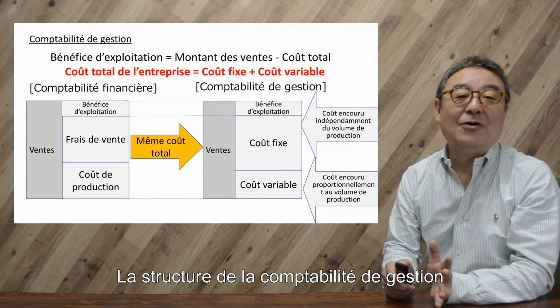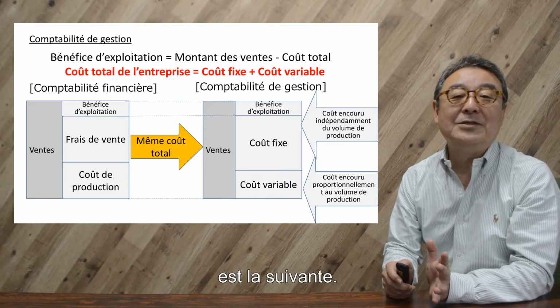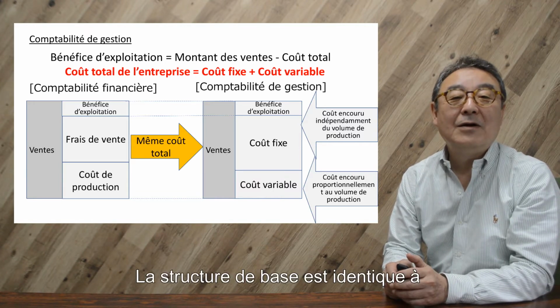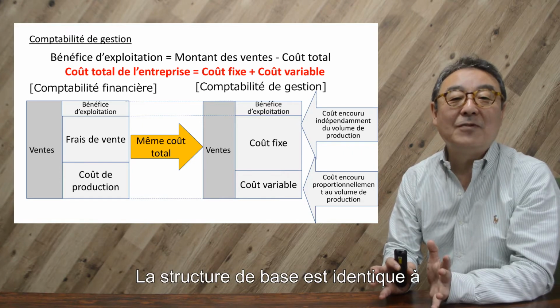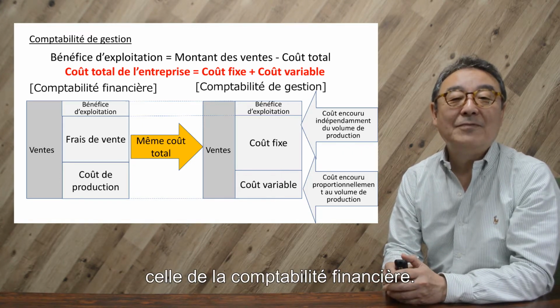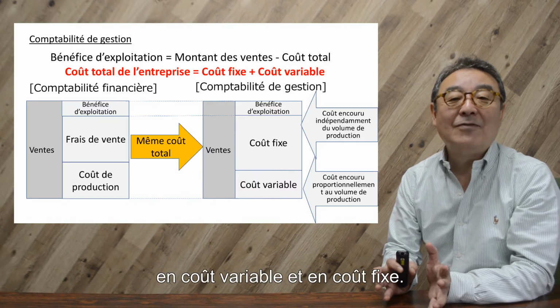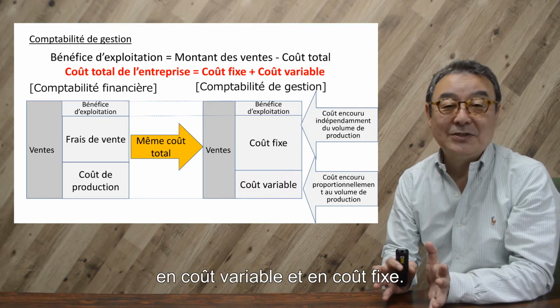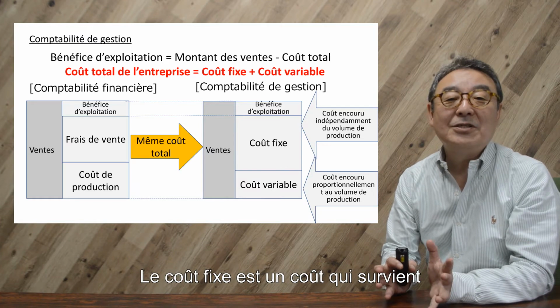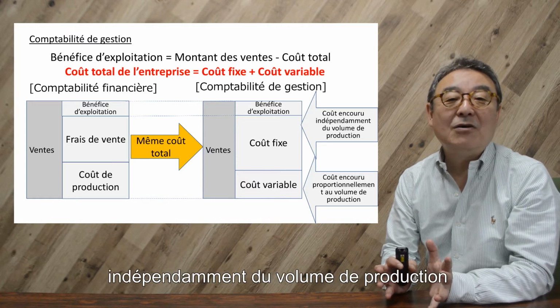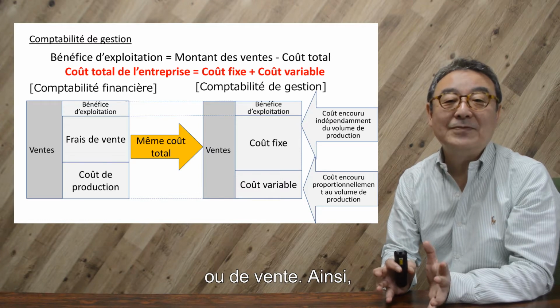The structure of management accounting is like this. The basic structure is the same as financing accounting, but the total cost is divided into variable cost and fixed cost. Fixed cost is a cost which occurs regardless of production or sales volume.